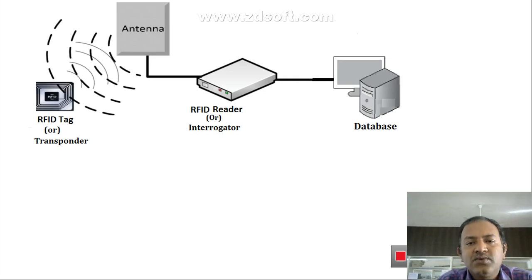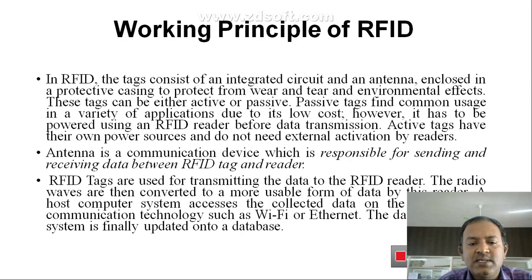The reader is connected to the system, and the values captured by the reader are automatically stored in the database. This is the explanation of the working principle of RFID.